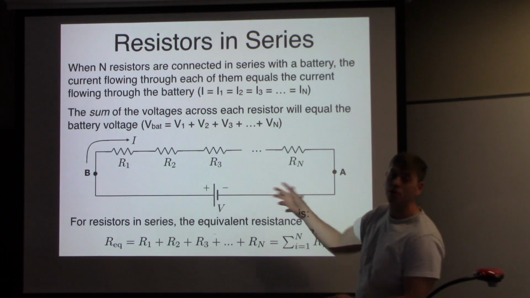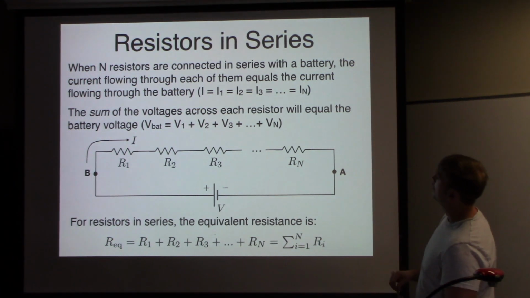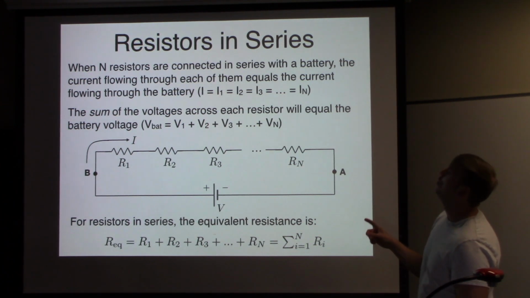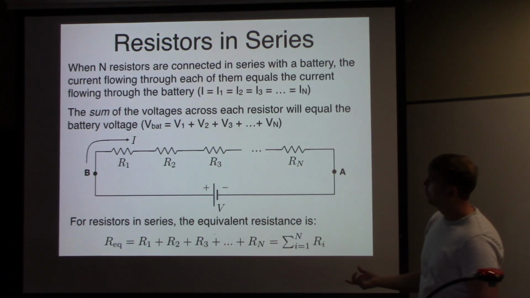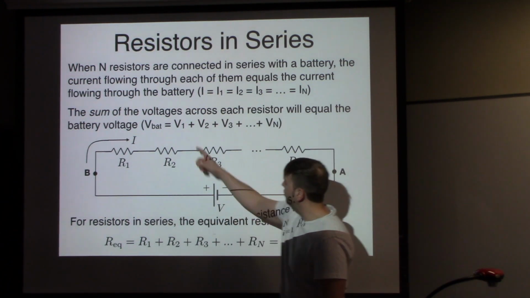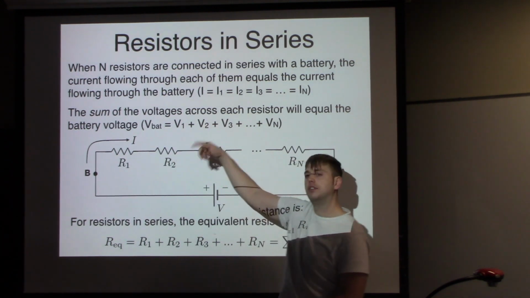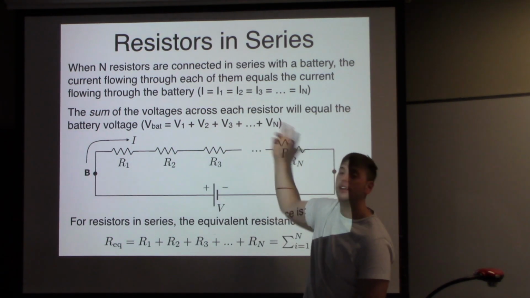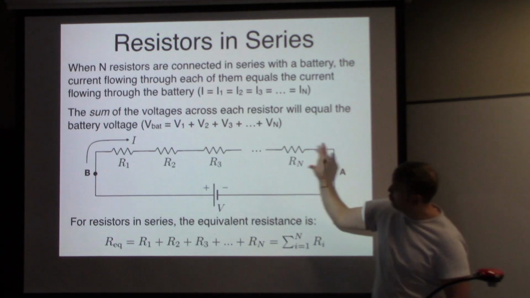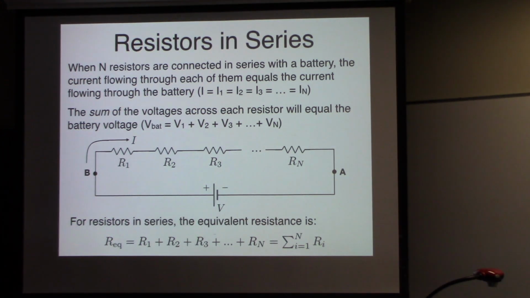They're all the same current. The second point is the sum of the voltages across each resistor will equal the battery voltage. So in other words, V battery equals V1, the voltage across the first resistor, plus V2, the voltage across the second, plus V3, and so on. Those are 2 points I want you guys to understand. So let's go to the document cam and then work out why these 2 points are true.